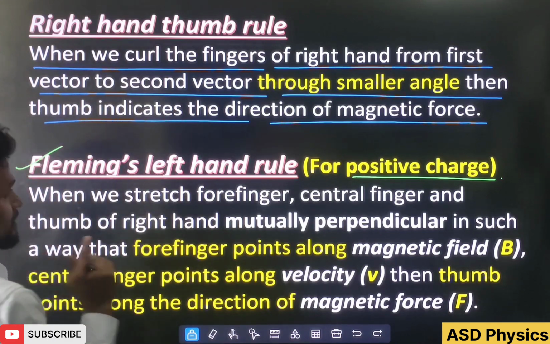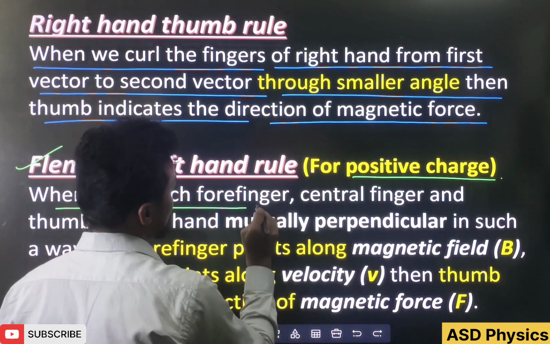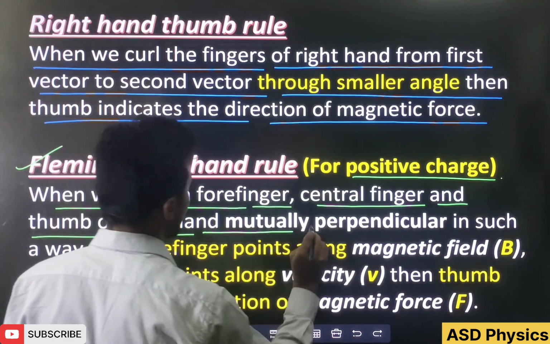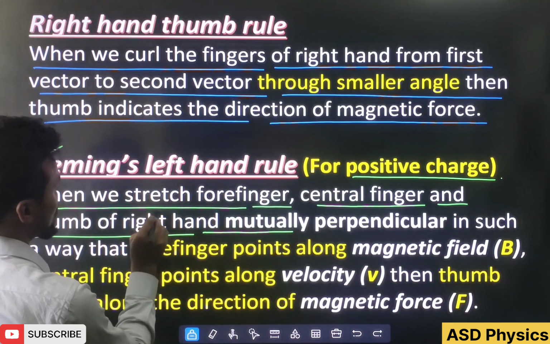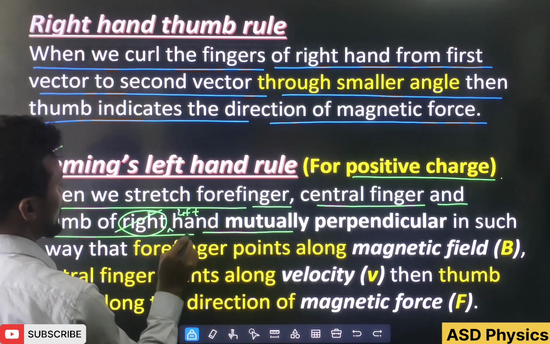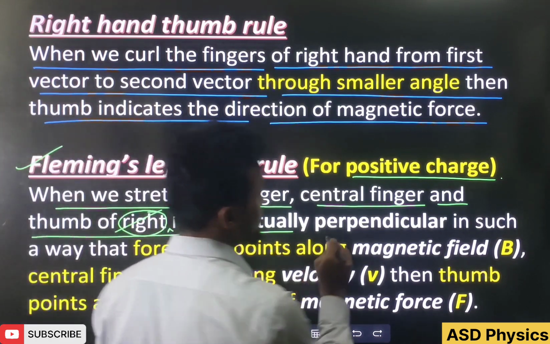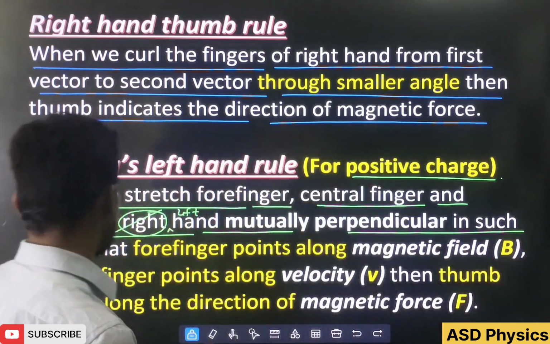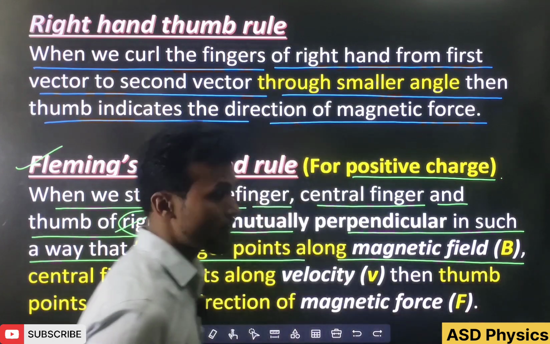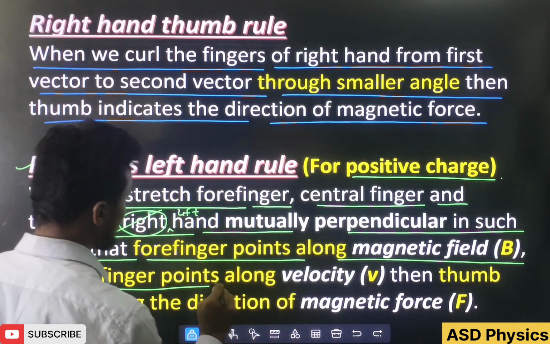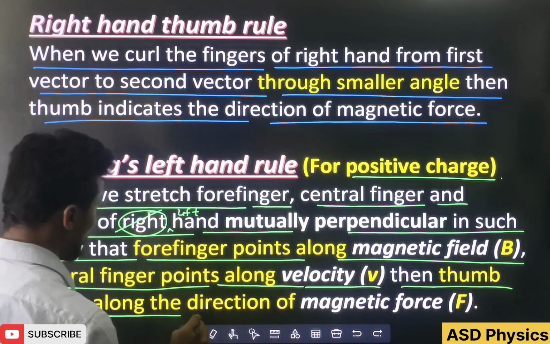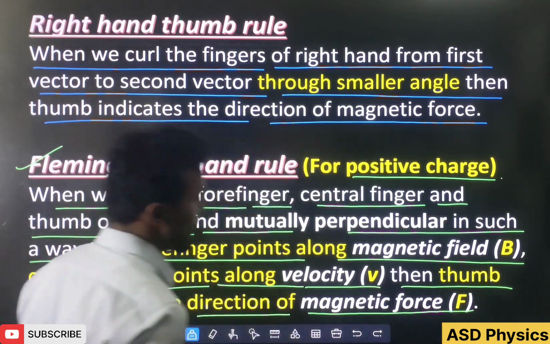When we stretch the forefinger, central finger and thumb of the left hand mutually perpendicular in such a way that the forefinger points along the magnetic field B, the central finger points along the velocity V, then the thumb points along the direction of the magnetic force.